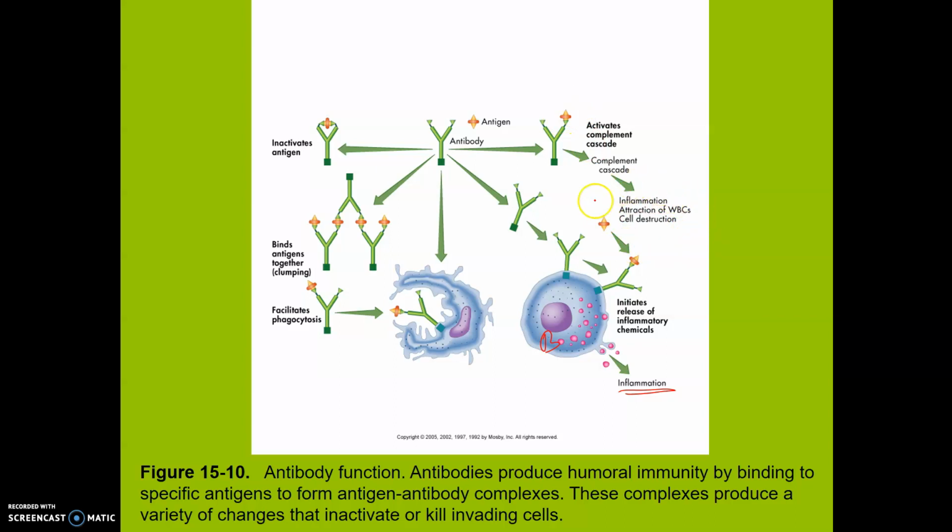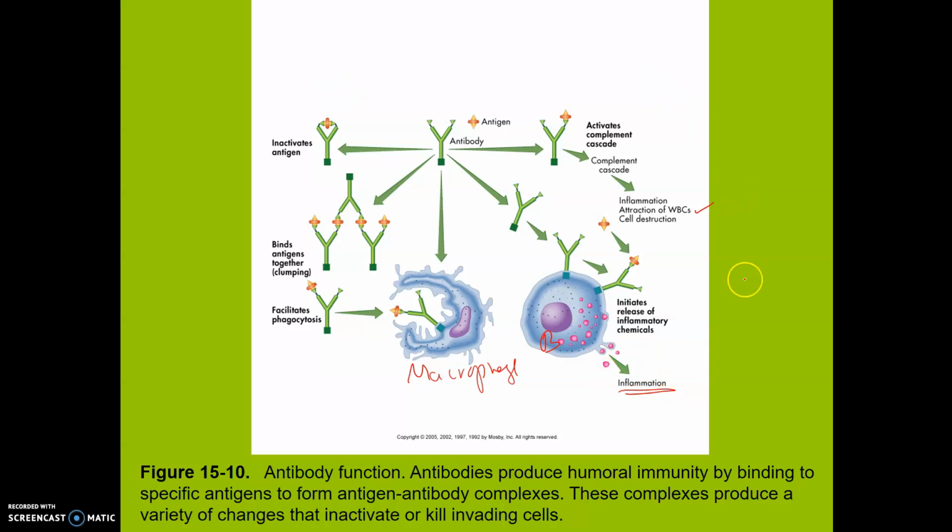It definitely allows an inflammation response to happen. There's an attraction of other white blood cells like macrophage here. And it allows macrophage and other B cells to start secreting histamine to promote an inflammatory response.